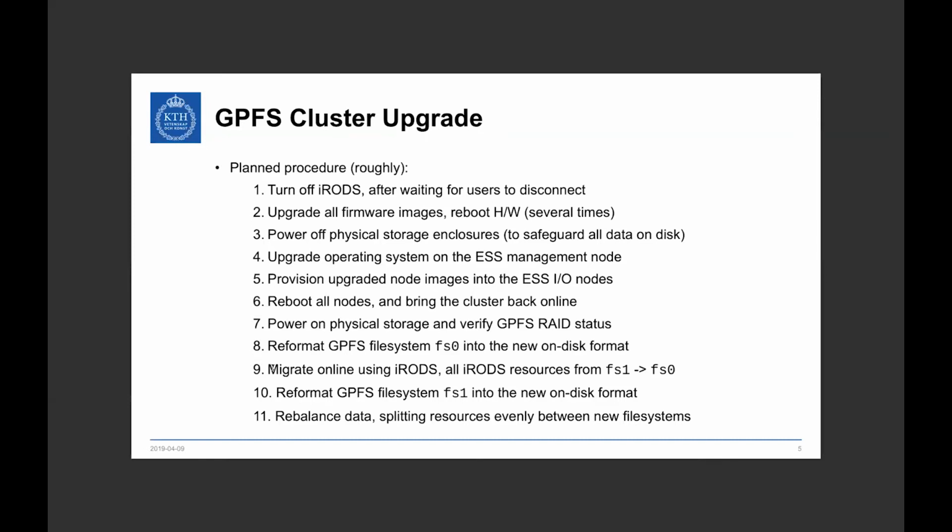And then once that is done, we can use iRODS to migrate everything from FS1 to FS0, and then do the same for FS1. And after they have both been formatted with the latest version, we can just rebalance and split the resources evenly, and perhaps create a new set of new ones if we see the need for that.